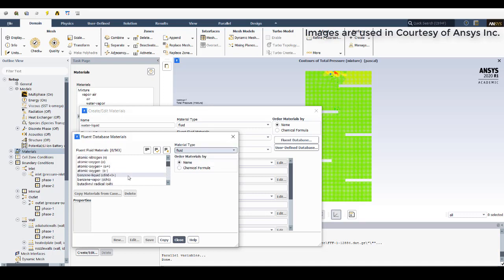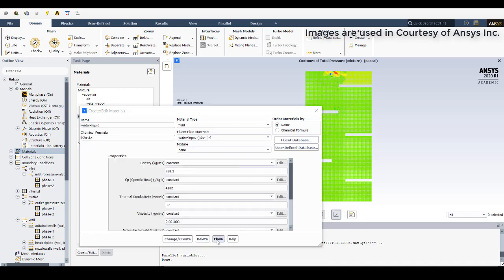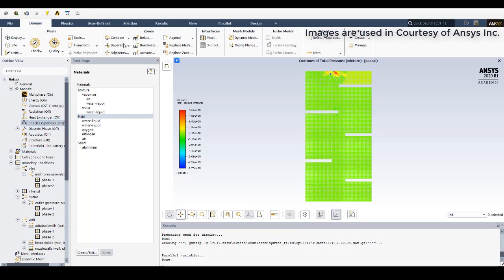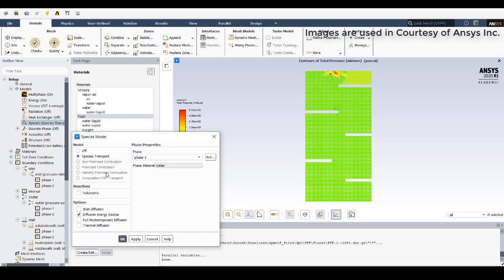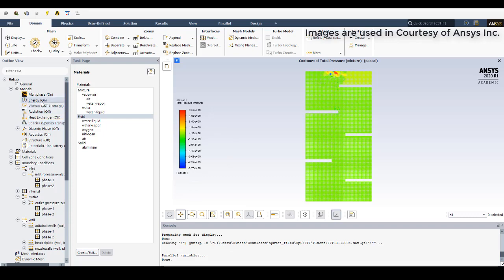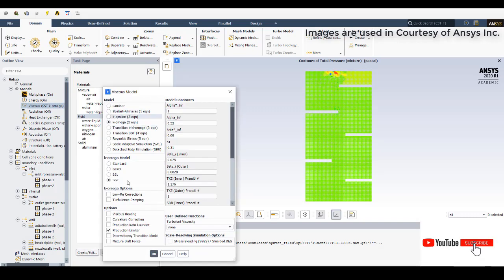Go to fluid, copy and paste both water liquid and water vapor, both in copy, and close it, and you should go to the species transport. On the species transport, with diffusion energy sources, just for the time being leave it. Go to energy, I've turned it on, and for the viscosity model I've used SST k-omega. So just turn on the SST k-omega, click OK.